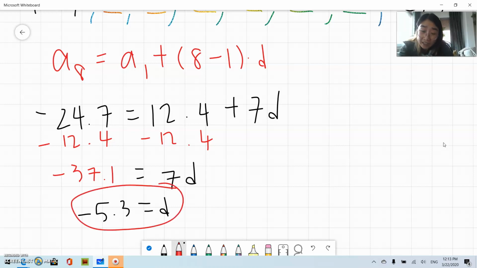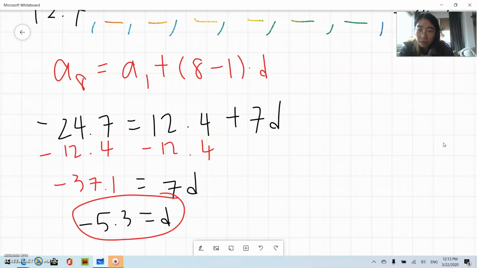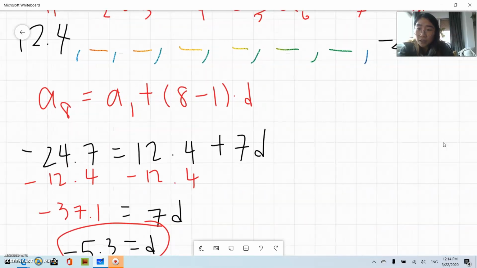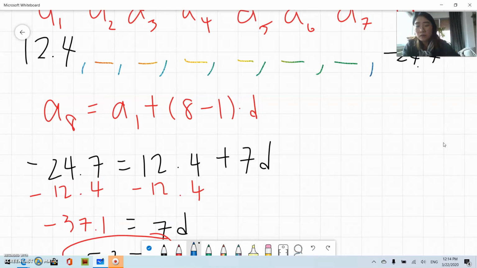So we're not done, because we now have to actually find each term that we are missing. But it's easy. You add the d that you found. So the second term is 7.1.